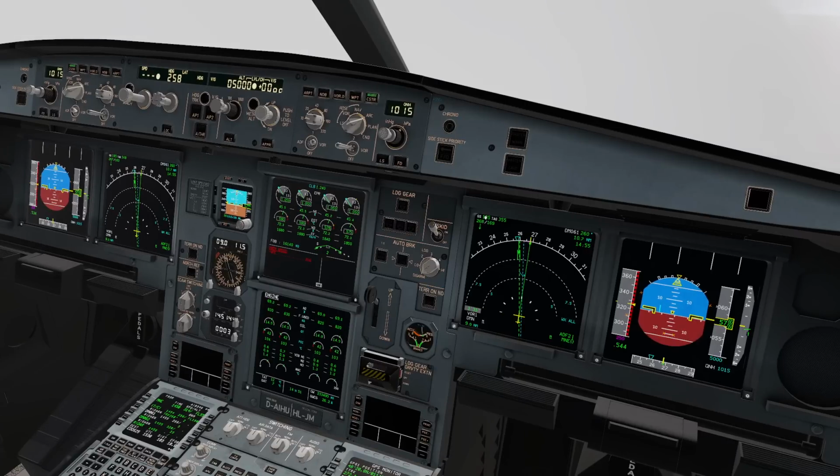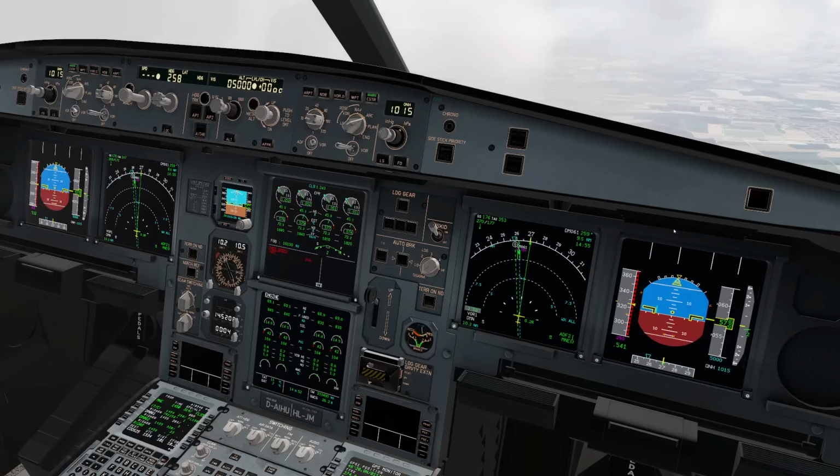Okay, that's a clear indication there that all of them are not correct. So, if at least one ADR is confirmed reliable, no, that's not the case. If affected ADRs cannot be identified or all ADRs are affected, that's the case. When above flight level 250 or when below flight level 250, well, we are below level 250. If speed still unreliable, all ADR push buttons off.